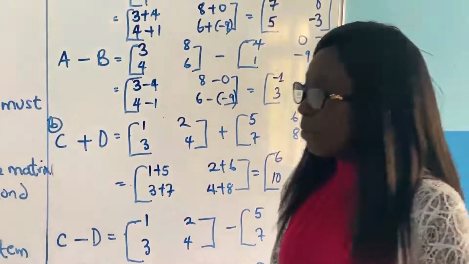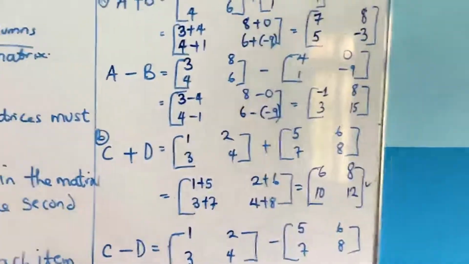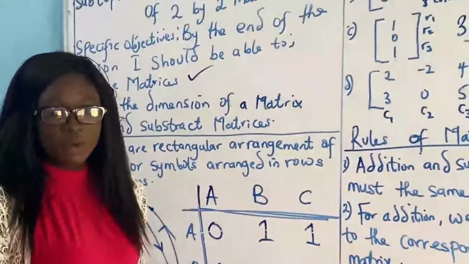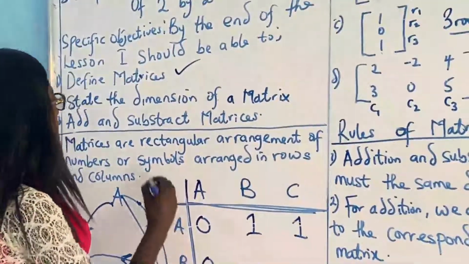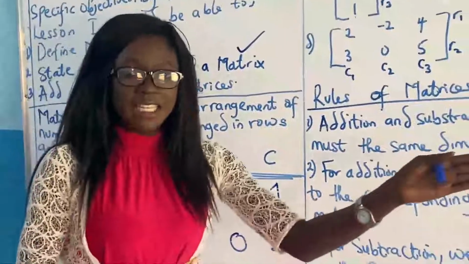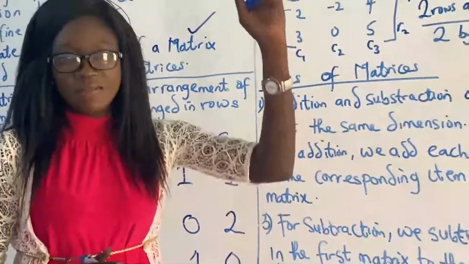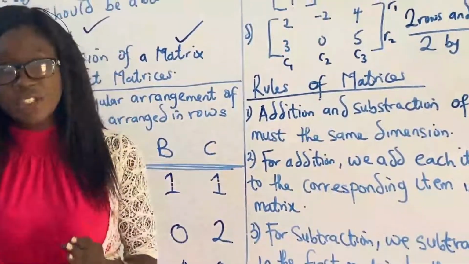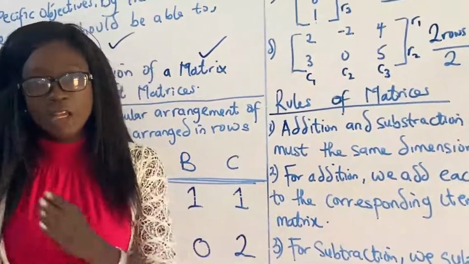Just a quick recap of our specific objective. We'll define matrices, which is what? A rectangular array or arrangement of what? Of numbers. And we'll add state dimension of matrices. The horizontal line is what? Is your row. And the vertical line is what? Is your column. And if you want to say a matrix, you say row by column.